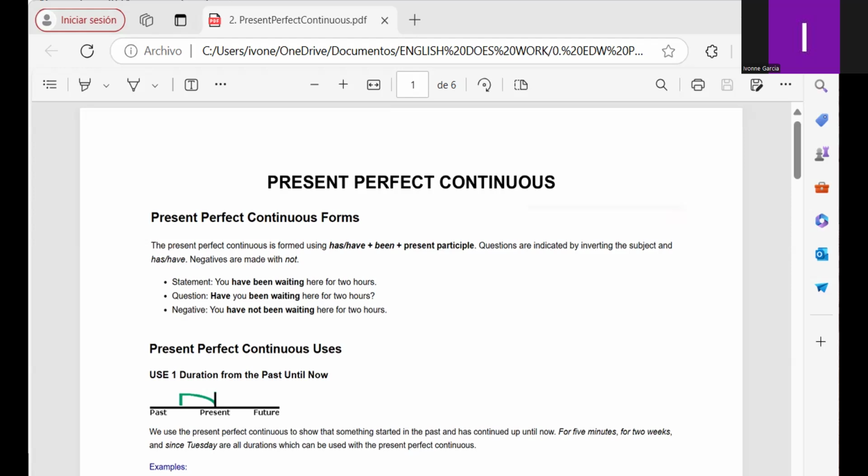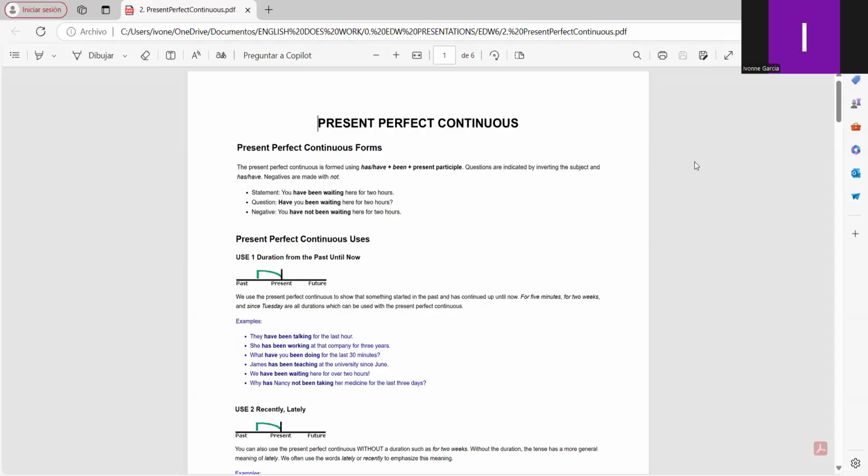So as you can see here on the presentation, I prepared for you. When we cover a verb tense, we need to be clear of the form, how to build that structure in English. So remember that it's a perfect tense.